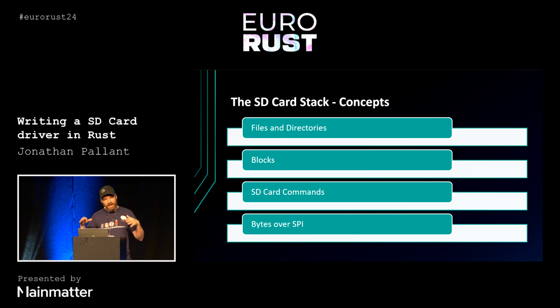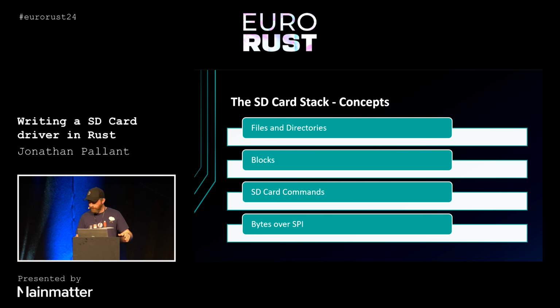But the next layer below, the thing the SD card is mainly concerned with, is the idea of a block. Typically a 512-byte unit of data. Some systems now have 4K blocks instead, but a file system at the top just needs to talk in terms of blocks to whatever layer comes below it. When we write an SD card driver, we need to turn those requests for blocks into SD card commands.